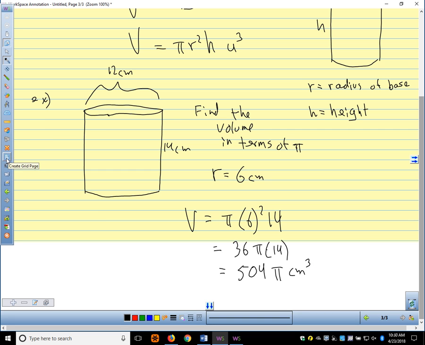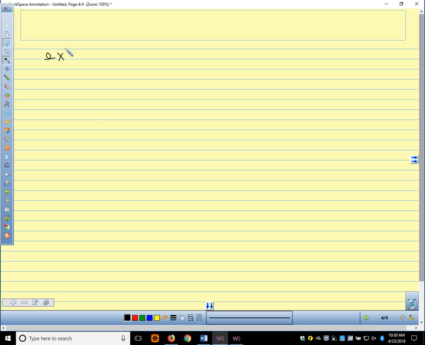Okay, let's look at one other example. Here's our shape for this one.